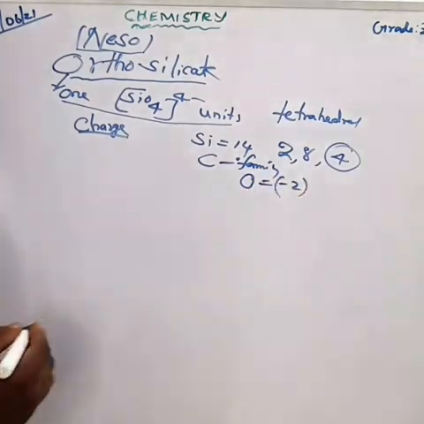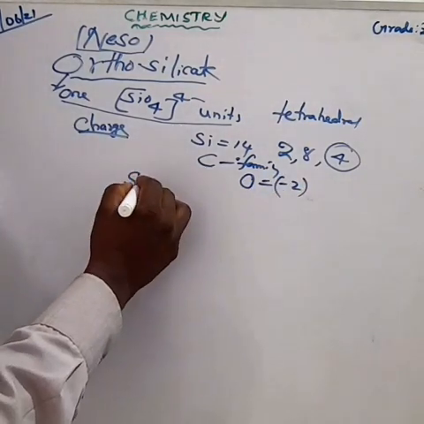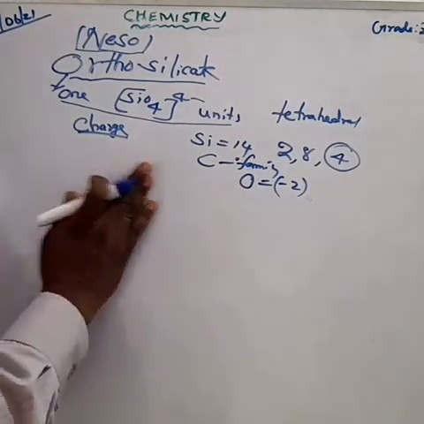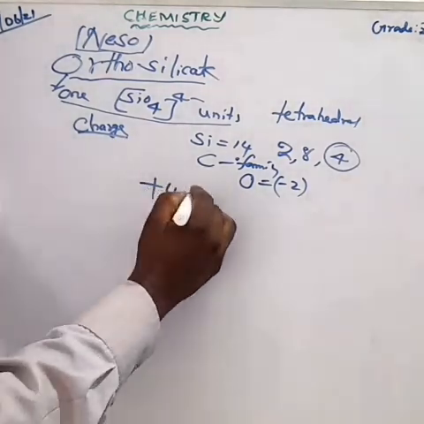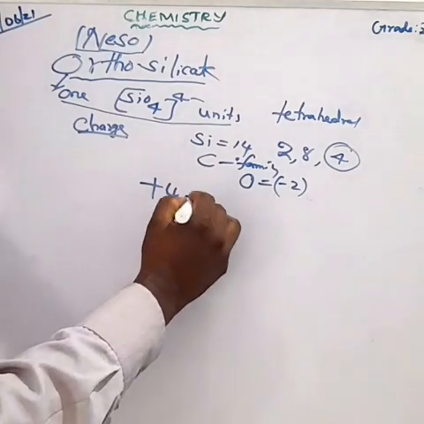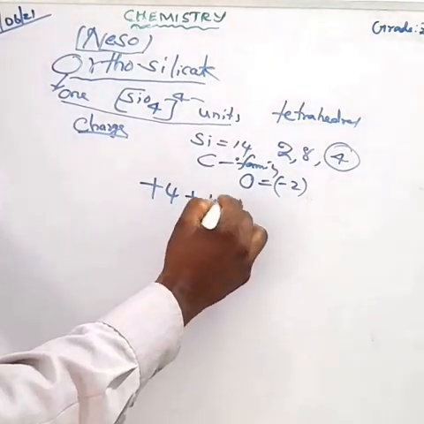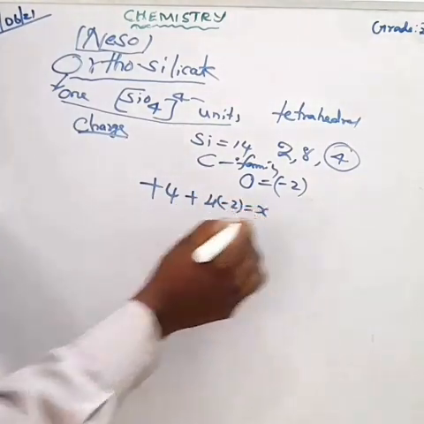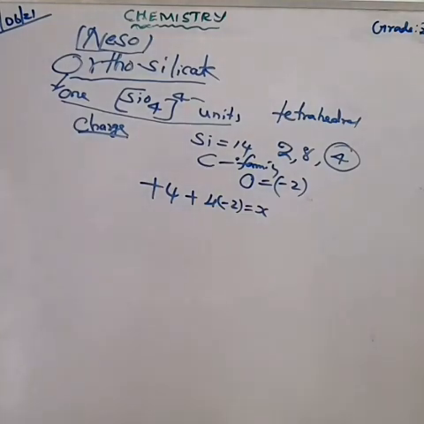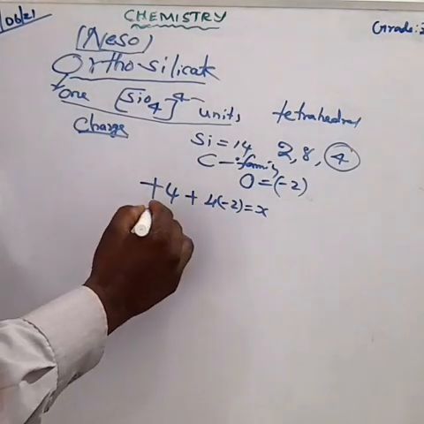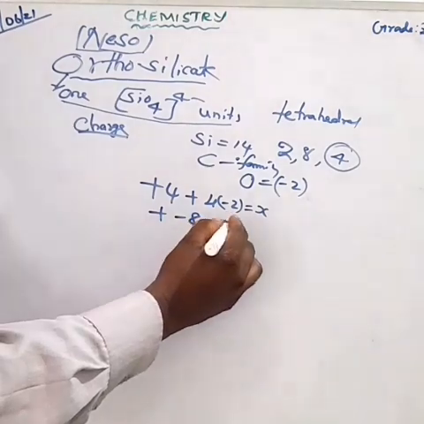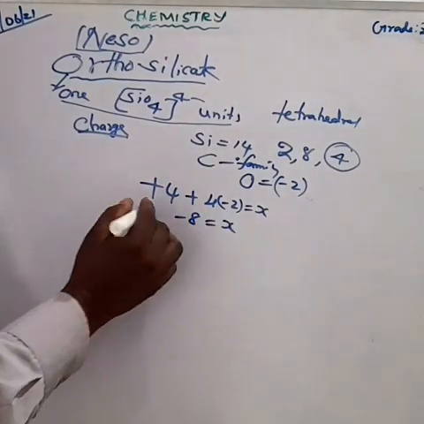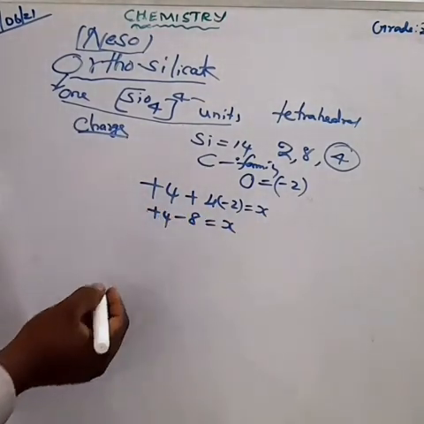So if you are counting here, Si is plus 4, and oxygen is minus 2. How much oxygen is there? 4 oxygen. So 4 into minus 2, we can take as X. So plus 4 minus 8 is equal to X. What's the answer?